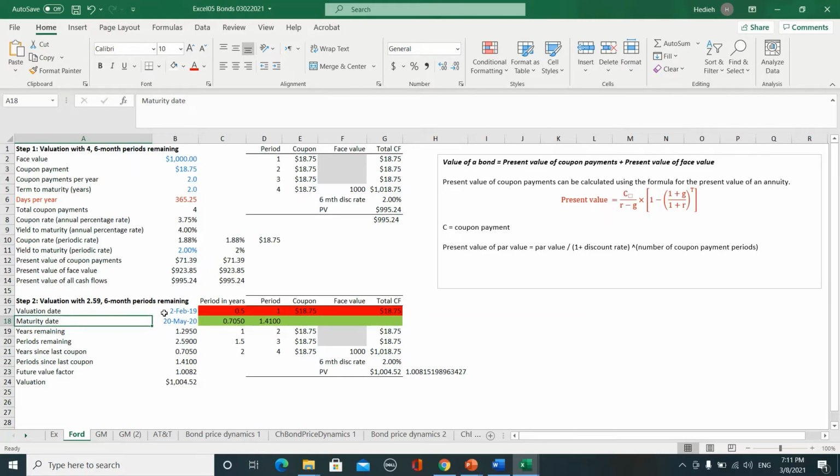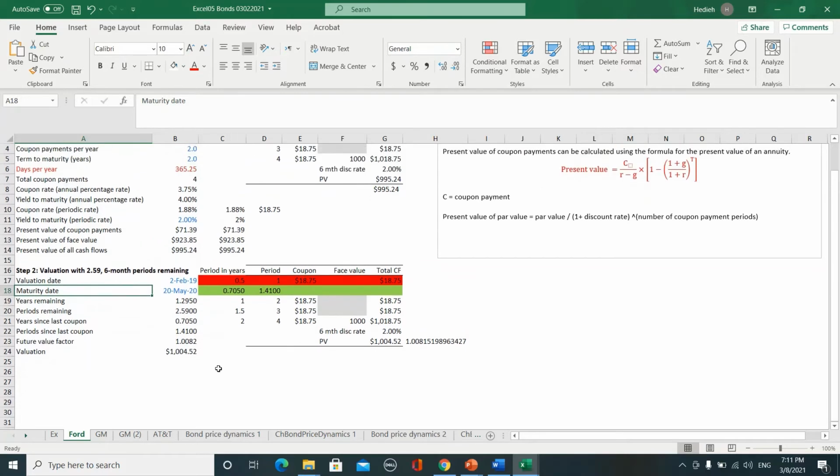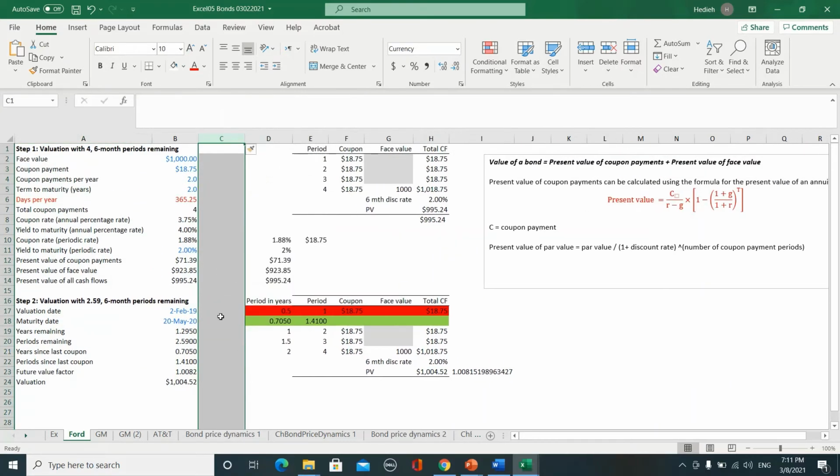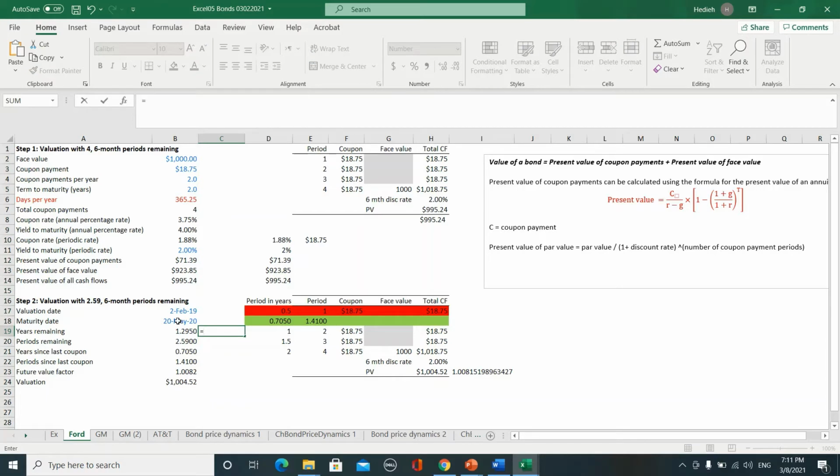So first you want to understand how many periods you have till your maturity. How do we do that? We first want to find the remaining years. So how do I do that? Subtract the valuation date from your maturity date. So maturity date minus valuation date.